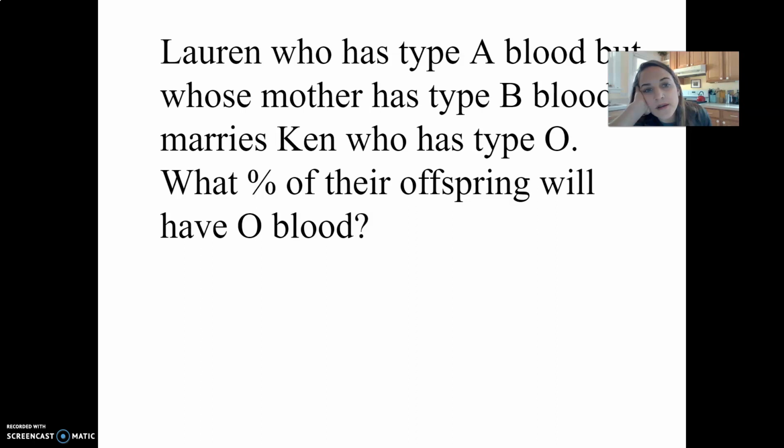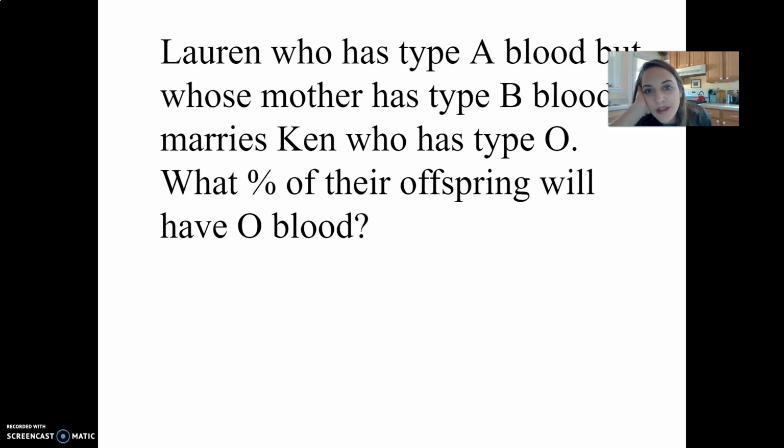If Lauren's type A and her mother is type B, then the only thing that her mother could have passed down to her is the lowercase i allele, because she can't pass down that B allele, or Lauren would be A or AB blood type. So we know Lauren's mother must have been heterozygous, capital B, lowercase i, and she passed down the i allele to Lauren, and Lauren must have gotten the A allele from her father.